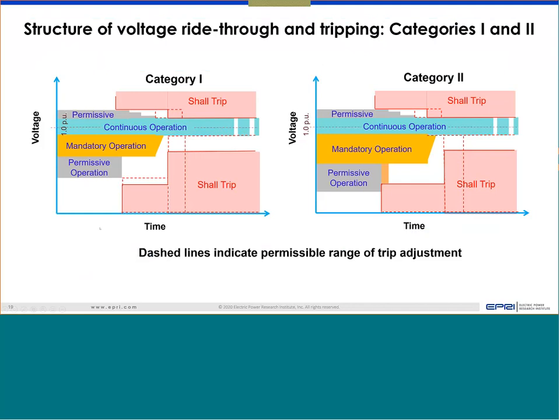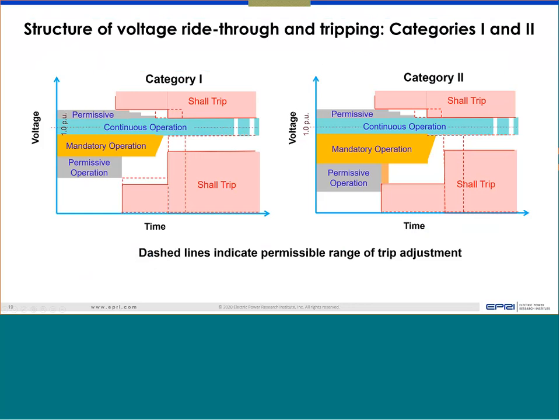If you compare category 1 and 2, you clearly see a couple of same areas. You see shall trip, and both have continuous operation from 88% to 110%, they're all the same. Mandatory operation in category 1, mandatory operation in category 2, permissive operation. The main difference, if you pay attention, is that this mandatory operation region is deeper than this one, and it's longer than this one.